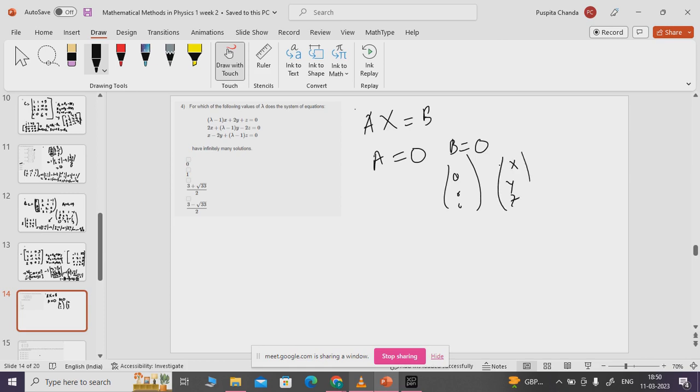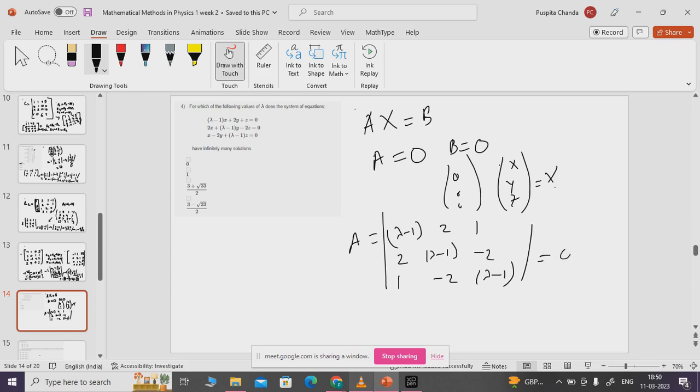x, y, z. A is lambda minus 1, 2, 1; 2, lambda minus 1, minus 2; 1, minus 2, lambda minus 1. This has to be 0. It is as simple as that.